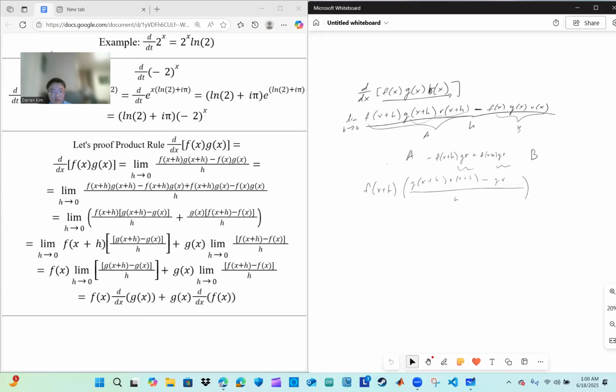And then we have over here plus g(x), divided by h. Do we have g(x) here? Look at this. Oh, pretty sure we do. Yes. I did this wrong. I think I did it wrong. Yes.